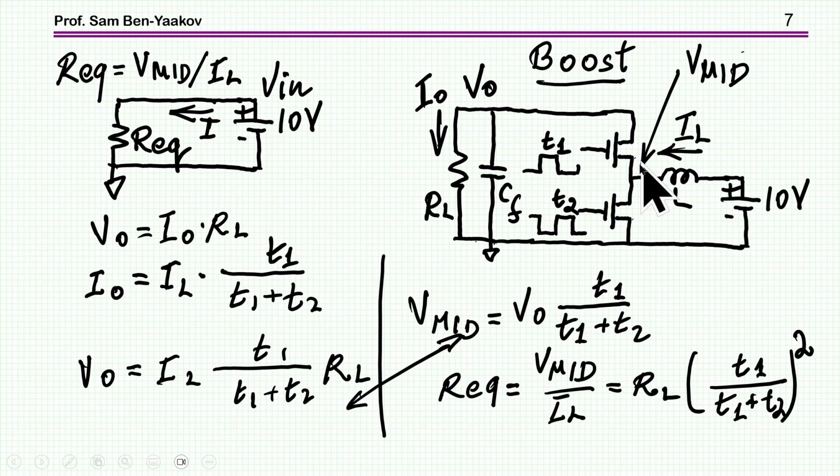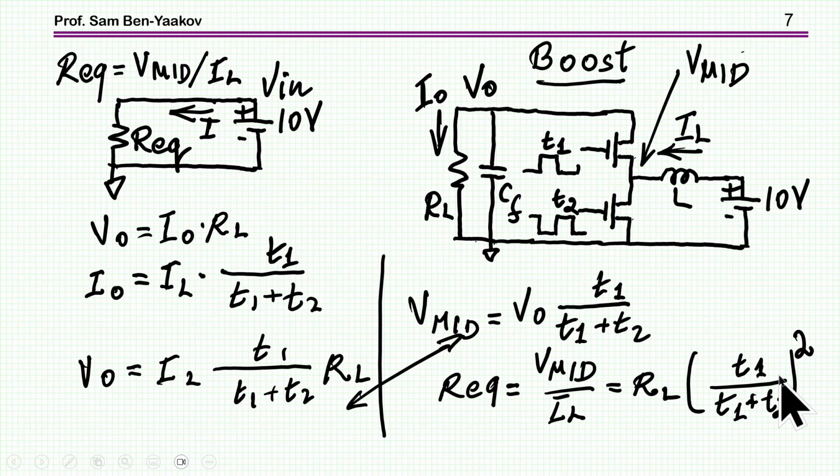Now the equivalent resistance is the voltage over the inductor current, and as you can see, the output voltage drops out because we are expressing it as a function of the input current, and therefore we find that this resistance is equal to the original resistance of the load, RL, times this factor.